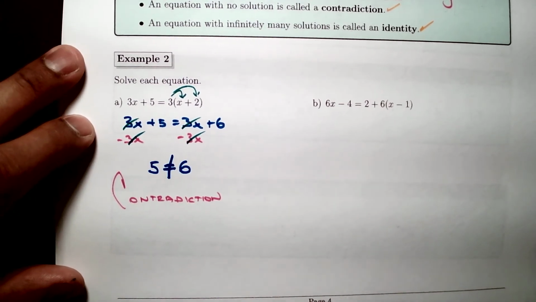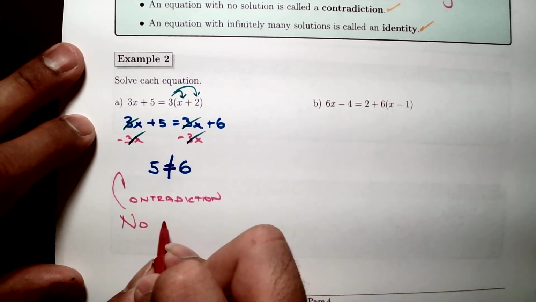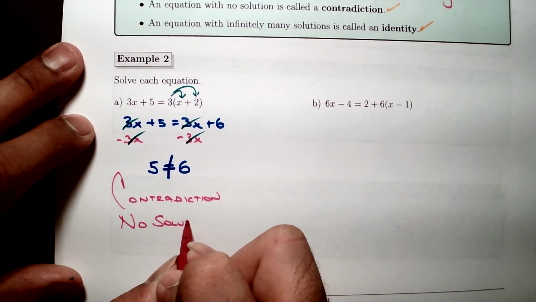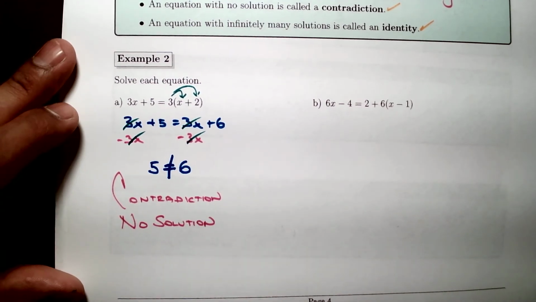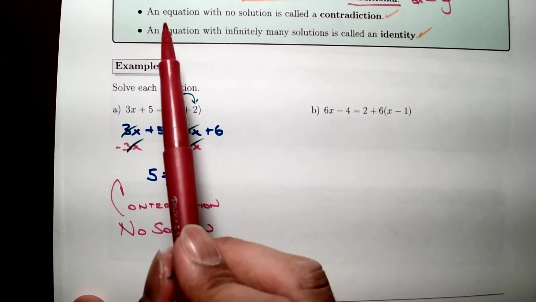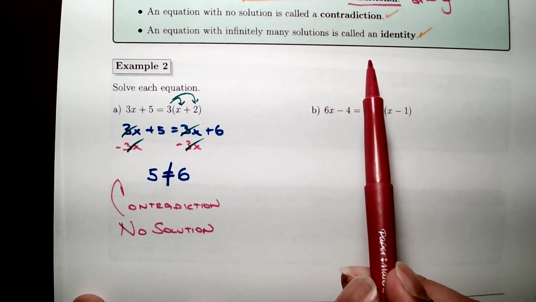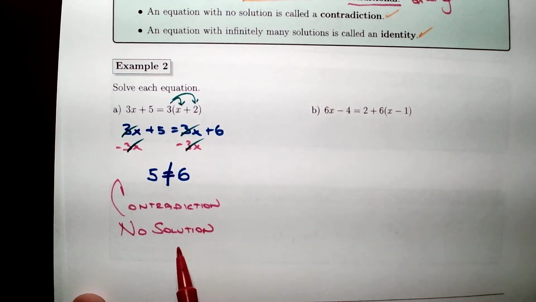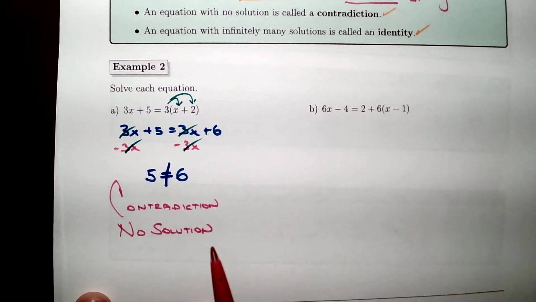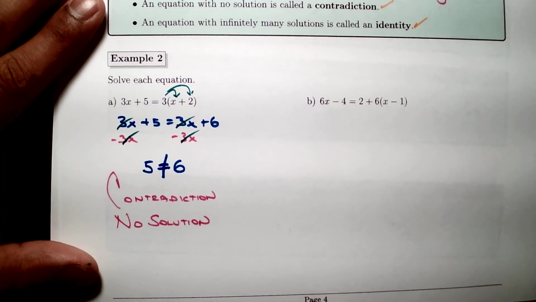Contradiction, in other words, no solution. Alright, so that's like the second case. An equation with no solution is called a contradiction. Or the reverse, a contradiction comes from an equation that has no solution.